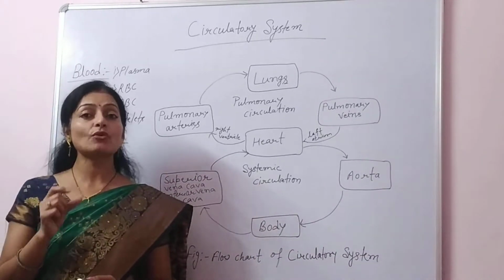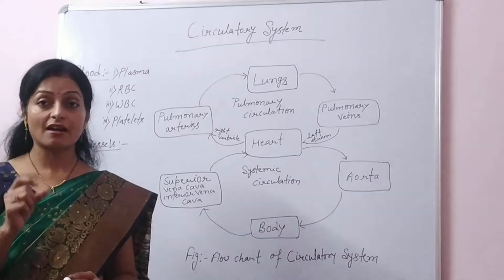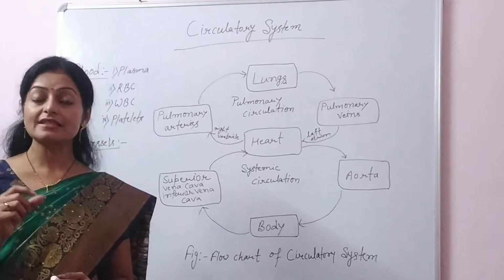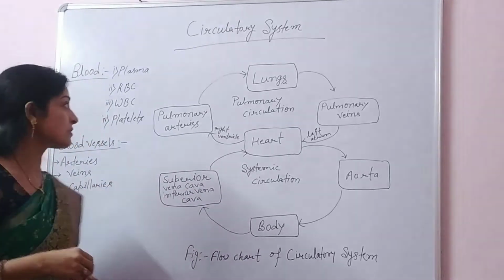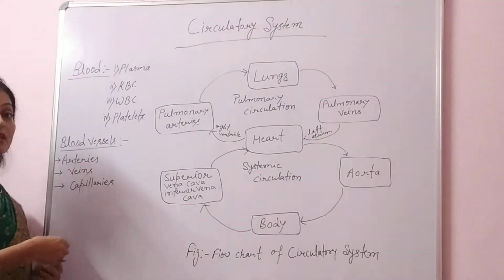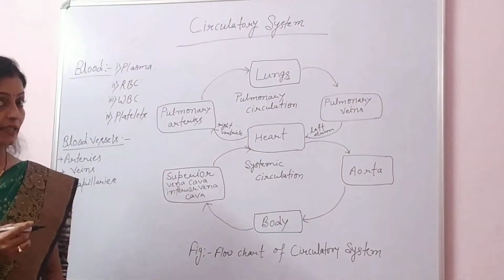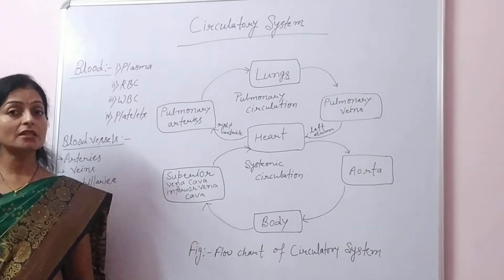The human circulatory system includes the heart, arteries, veins, capillaries and blood. Today we are going to discuss blood. Blood is a fluid connective tissue. It flows within the body.